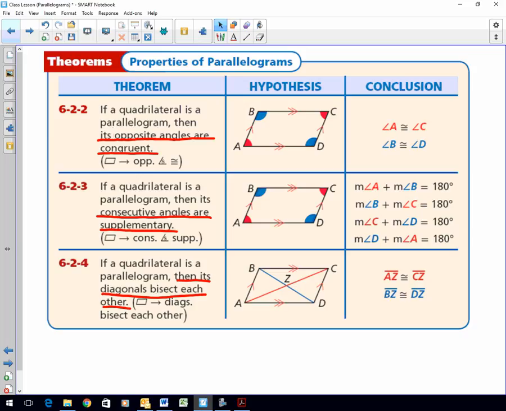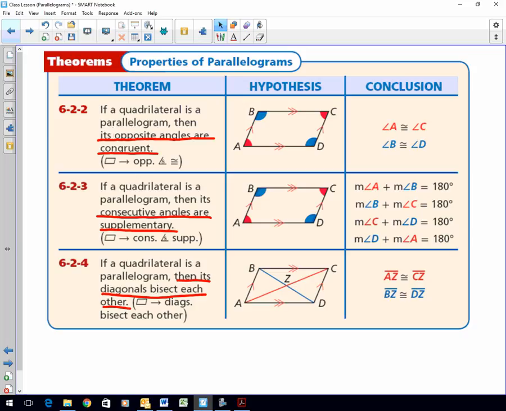A to Z is congruent to C to Z. B to Z is congruent to D to Z. They do not necessarily have to be congruent to each other. That's not saying that BZ is congruent to AZ. They're just cutting each other in half.